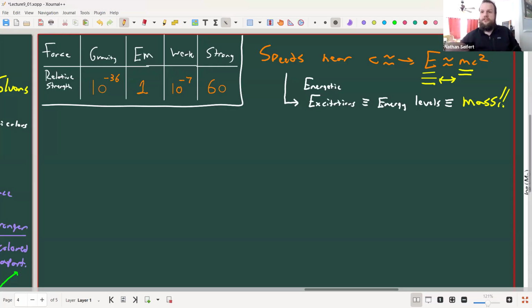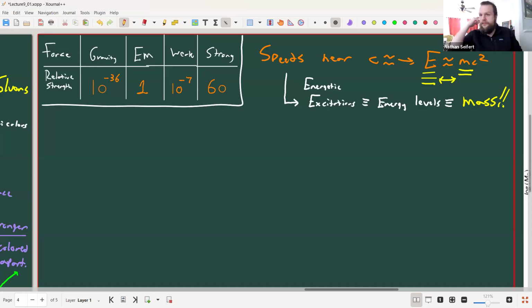Some interact electromagnetically with mass, and some don't, like the photon. There are different types of mass, some of which interact in the way that we understand mass. And then there are some things that, in some sense, we think of as pure energy. They don't have the same kind of mass that we do. And of course, what that means is that it's traveling at the speed of light.